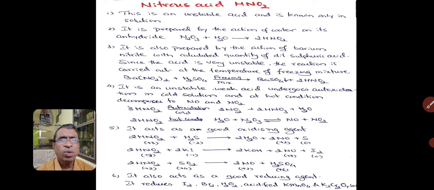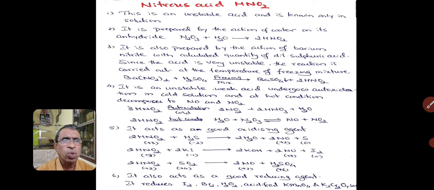Nitrous acid, whose oxidation state is +3, when it is treated with H2S, gives rise to H2O plus 2NO plus S. Here, the HNO2 undergoes reduction to form the nitric oxide, where the oxidation state is +2, and in H2S, the sulfur oxidation state is -2.